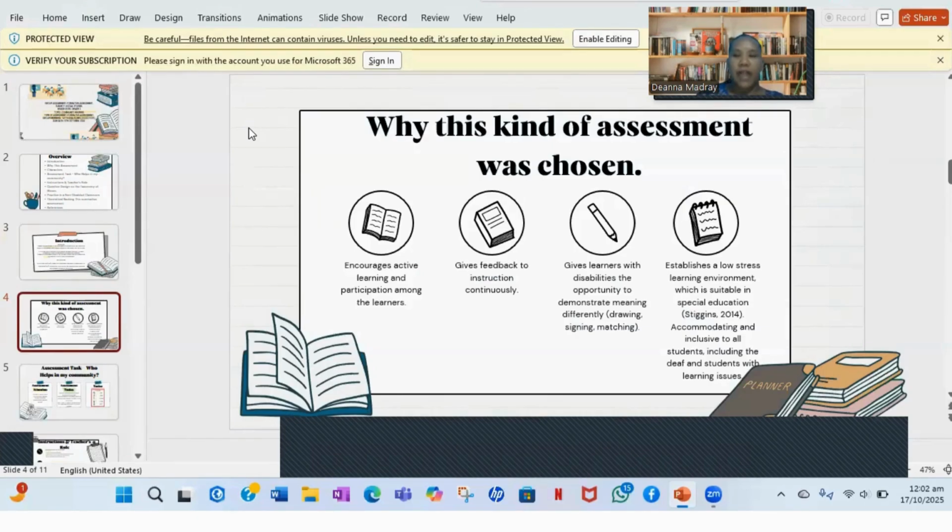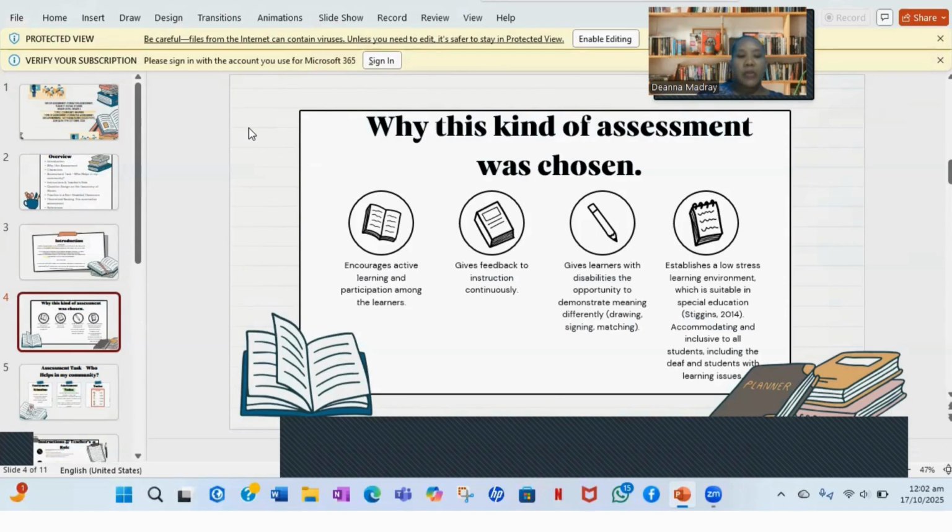But the most powerful argument for formative assessment is its commitment to inclusion. Traditional tests often rely heavily on reading and writing, which can unfairly penalize students with certain learning difficulties. Formative assessment changes this. It actively gives learners with disabilities the opportunity to demonstrate meaning differently.